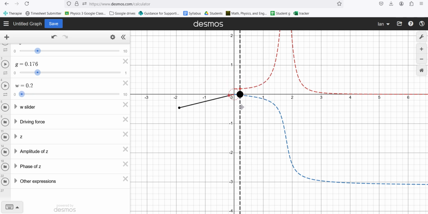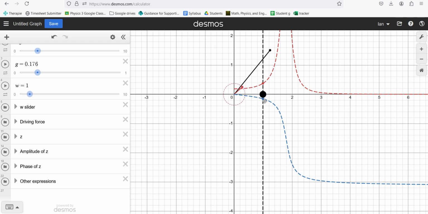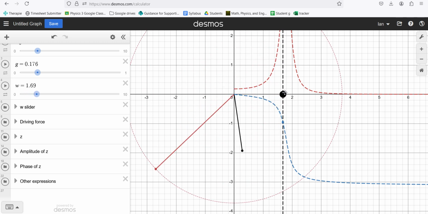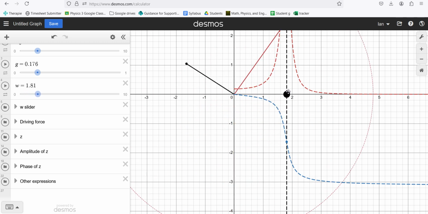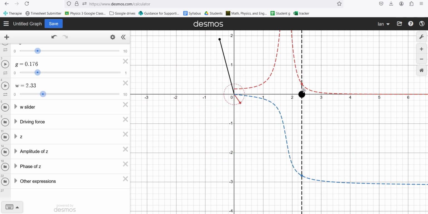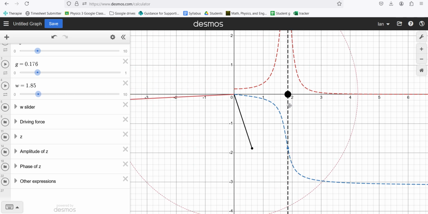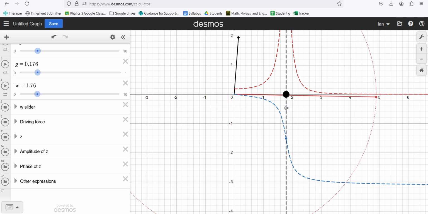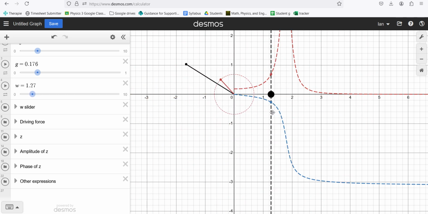And so it can lag behind really closely if you have low frequencies. And as you go past the resonant peak, it sort of goes past 90 degrees very quickly, and then it goes to 180 degrees over here. 90 degrees at the resonant peak, and then back to 180 degrees.